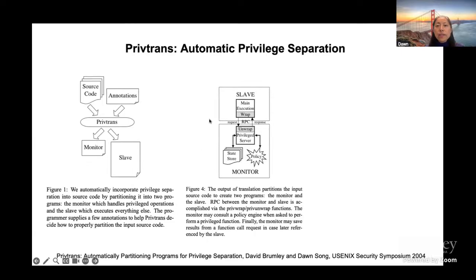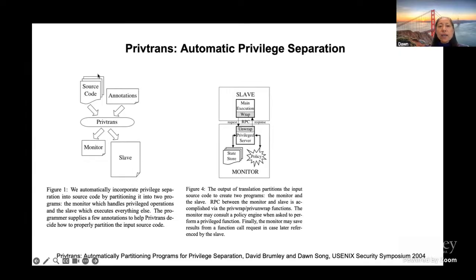This is the benefit of privilege separation, whereas in the original case with the monolithic source code, because it's monolithic and because it needs to perform privileged operations, the whole application actually needs to have a high privilege level.